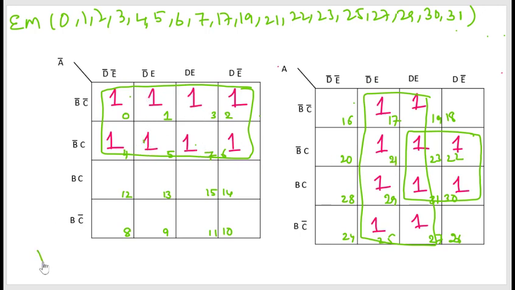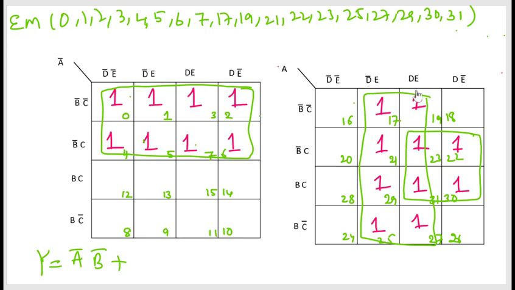So what you can do is you can write the output expression for this octet. You are going to get a bar times b bar, because along this direction D and E get complemented. Along these two minterms, your C bar is getting complemented to C. You are going to have A bar, B bar. Now if you take this octet, along this direction B and C are getting complemented, so they are eliminated.